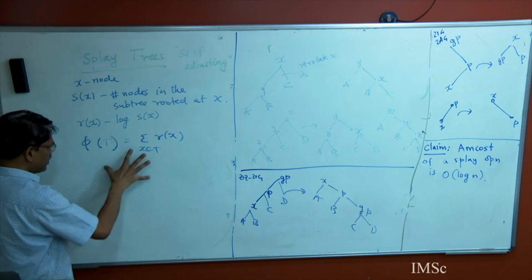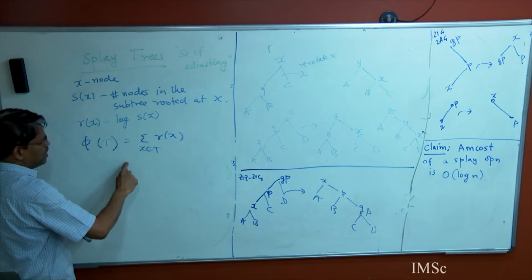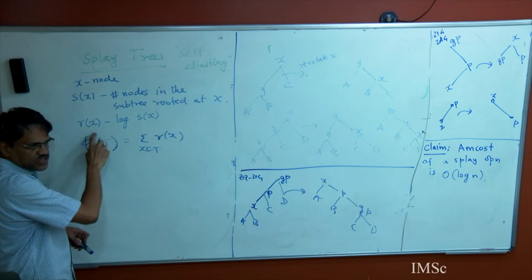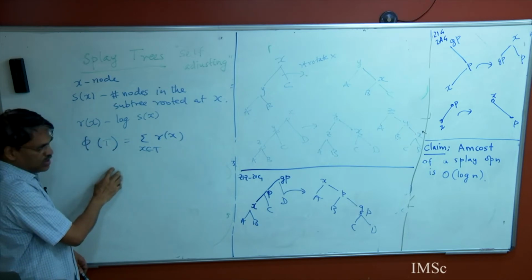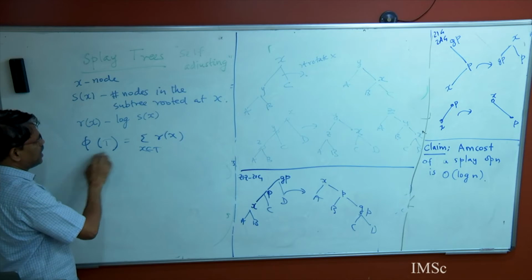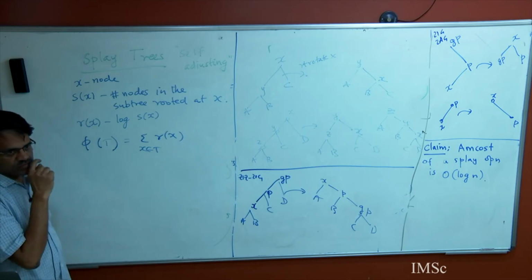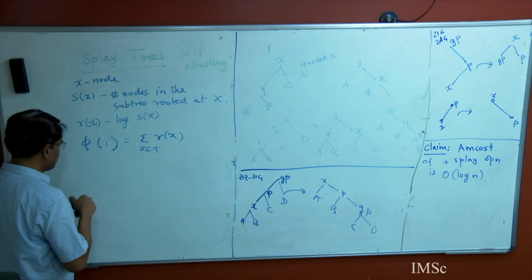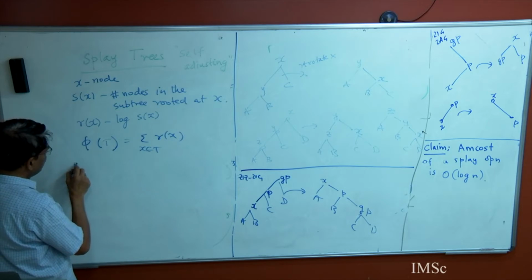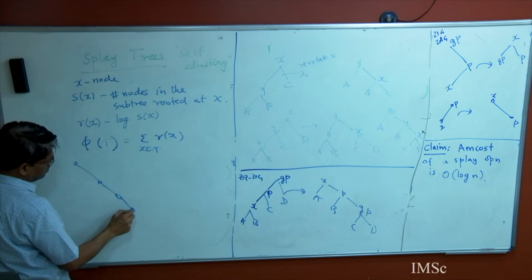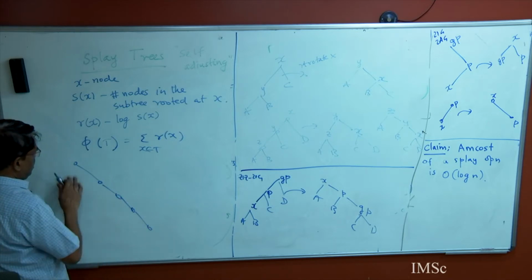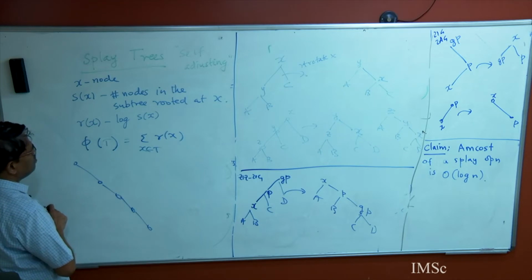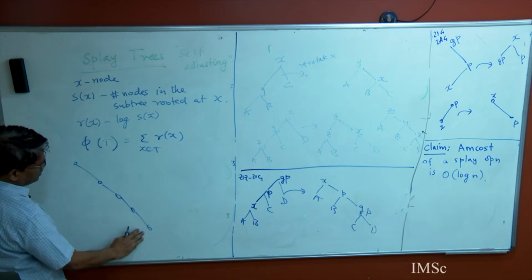So you have your tree. For every node there is a rank, which is log of the number of nodes in its subtree. Add all the ranks, and that is the potential of the tree. For example, if your tree is so unbalanced, what would be the potential?